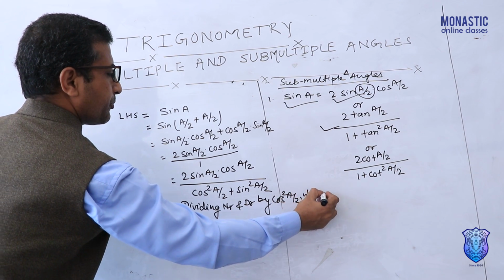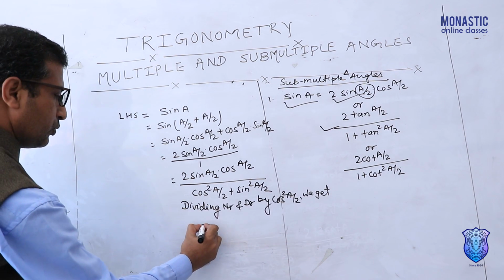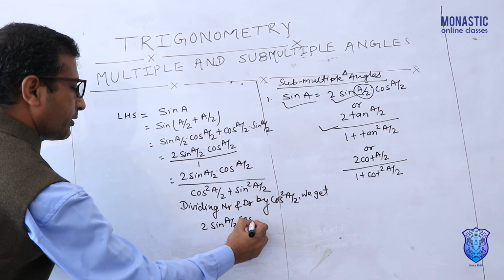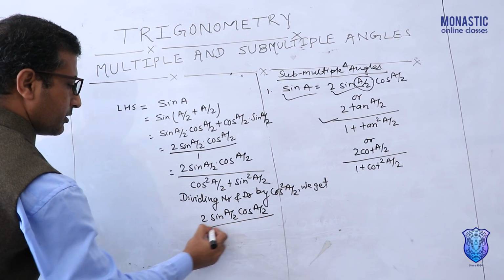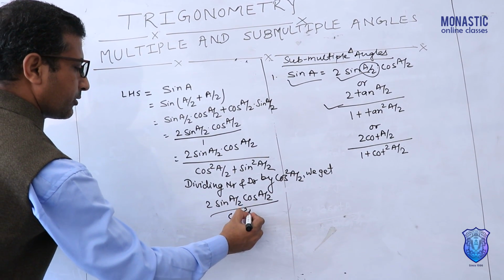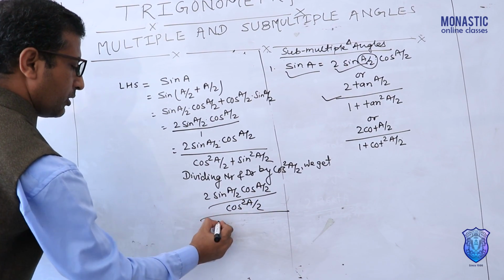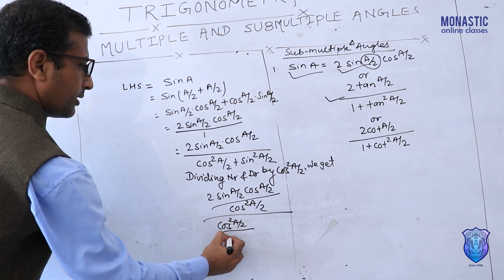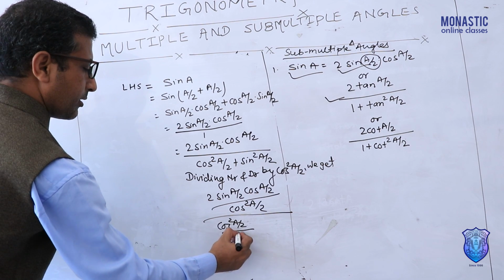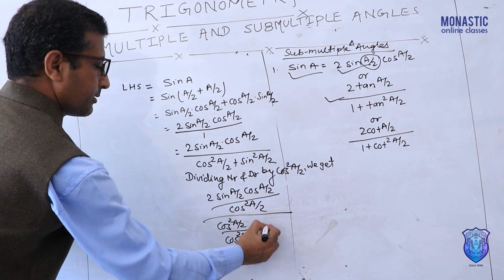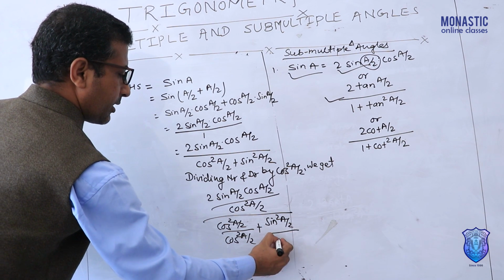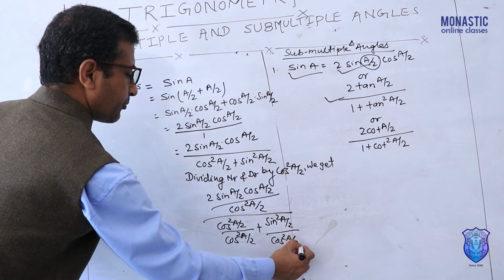We get 2 sine A by 2 cos A by 2 divided by cos square A by 2, over cos square A by 2 plus sine square A by 2 divided by cos square A by 2.